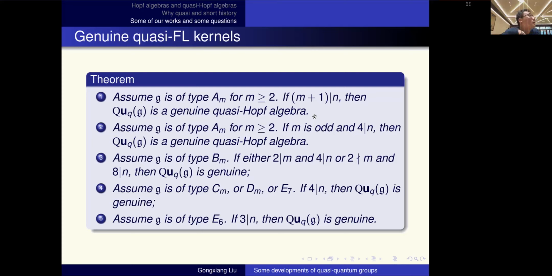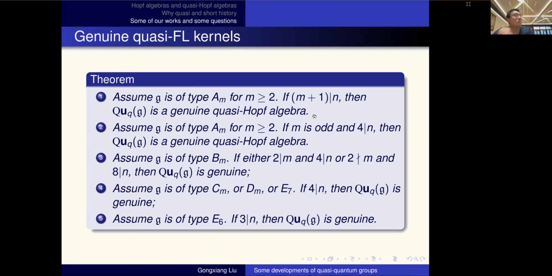For type B_m, the center is Z2, so you see 2 here. For types C and D, the centers are Z2 and Z4. And for E6, the center is Z3. So maybe the genuine part has something to do with the center. That's my comment.